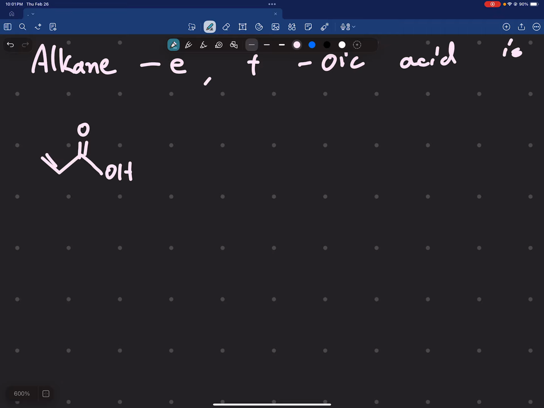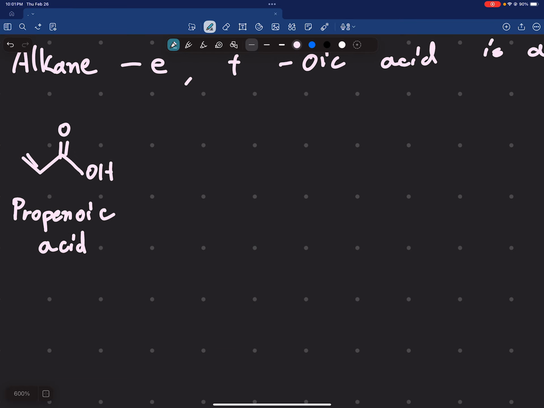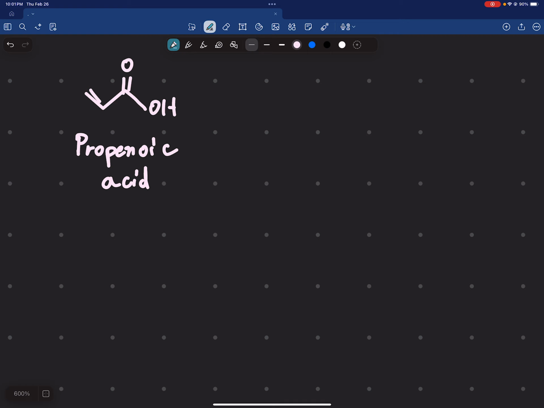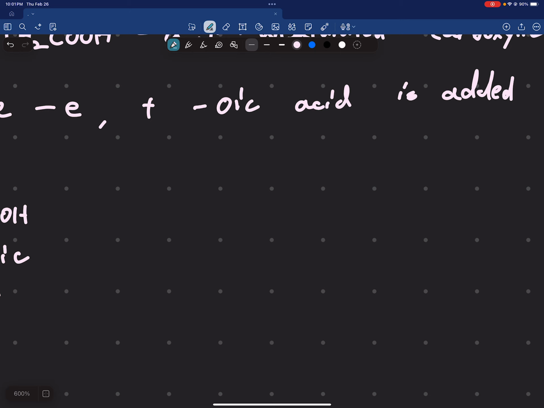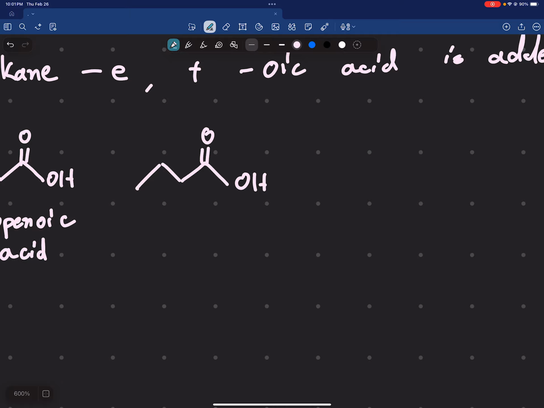This will be propenoic acid, and this is actually acrylic acid. And if we have something like this, this is crotonic acid, but the nomenclature for this acid is trans-2-butenoic acid.